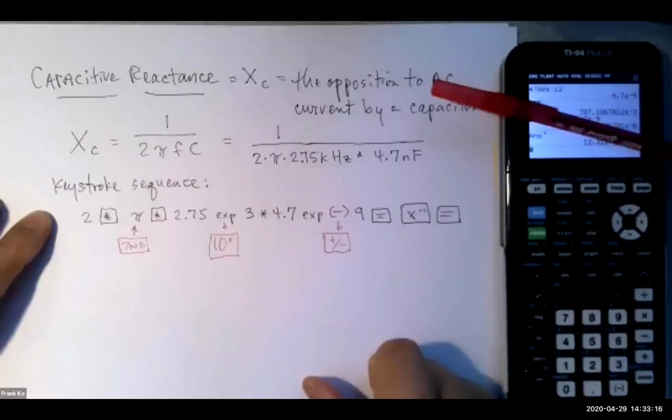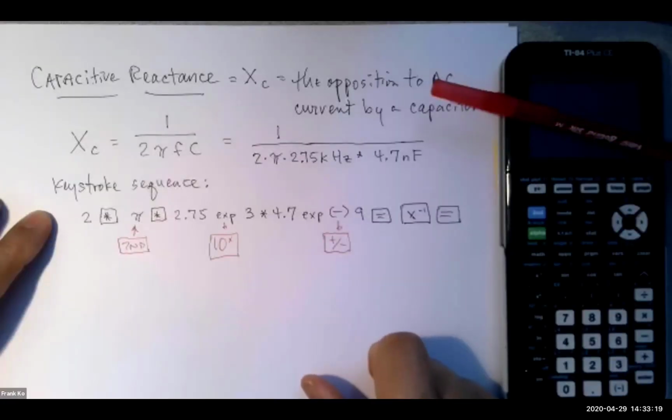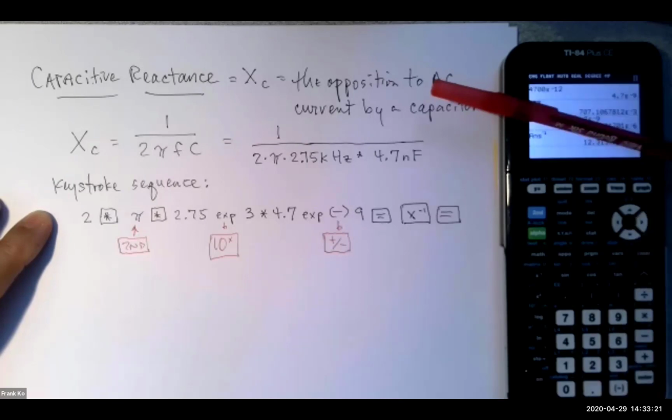You know what? I think I forgot to reciprocal, and that's why I'm getting 27. Yeah, thanks. Okay, and let's take a look.